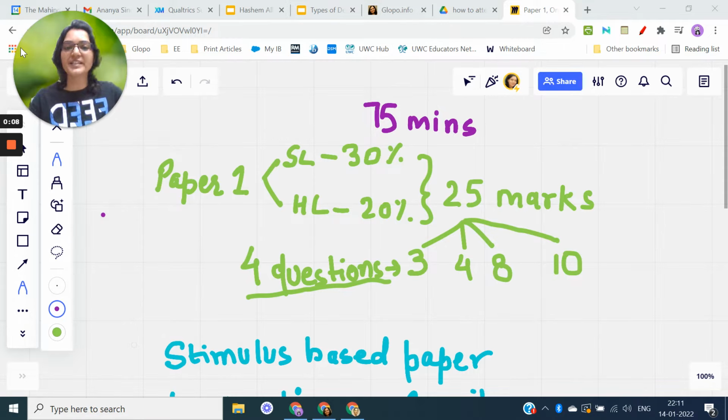All right. I'm taking this paper after such a long time because of COVID. IB has been canceling this paper. For the first batch, during this pandemic, I taught this paper, but unfortunately, it could not take place.